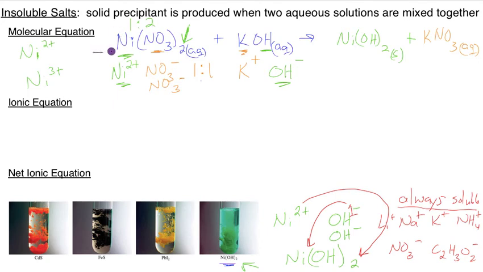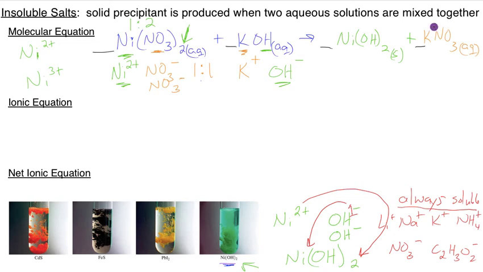Okay, and so right when we balance an equation, we're only changing the front end of the formula there. And it doesn't really matter where you start here. I'm just going to start at the beginning here. I have 1 nickel here, 1 nickel. Don't need to do anything yet. Here I have to do something. I got 2 nitrates and only 1 nitrate on this side.